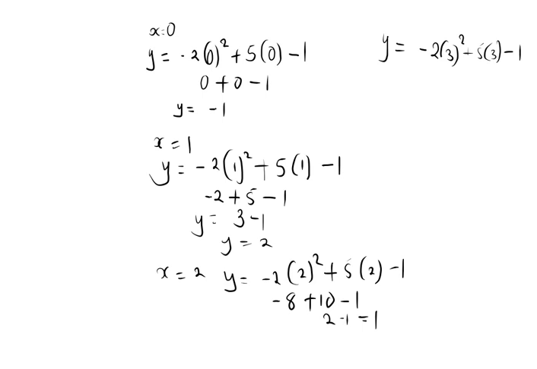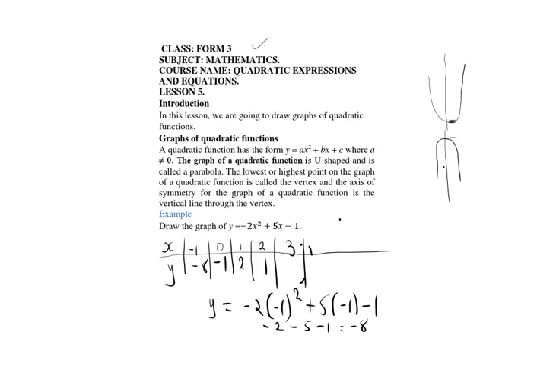We multiply by negative 2, we get negative 18, then plus 5 multiplied by 3, which is 15, then minus 1. This gives us negative 18 plus 15, which is negative 3, then minus 1 gives us the value of y as negative 4. So in the table we have the last value of y as negative 4.